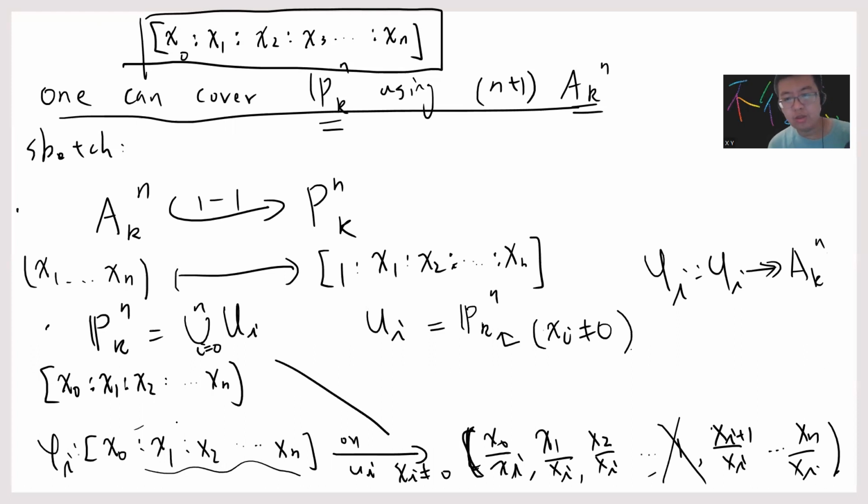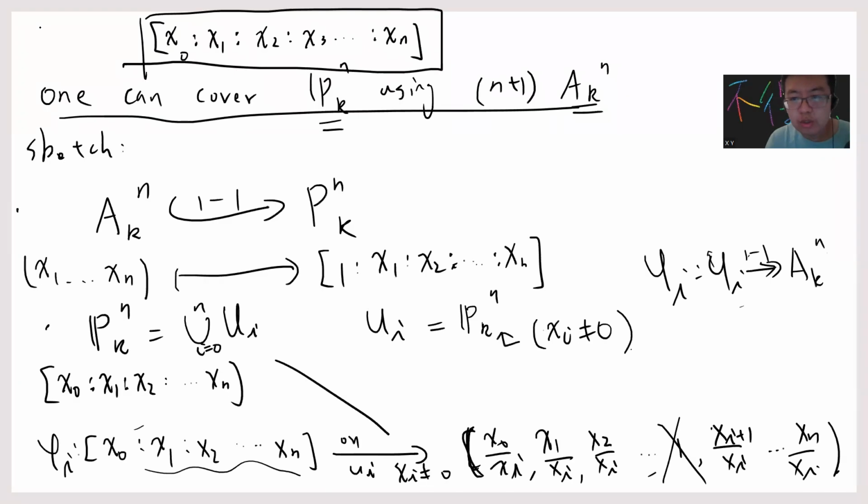So this is onto, and you can show this is also 1 to 1. So each Ui is homeomorphic, as a topology, to the affine space. And for each coordinate you have such a chart, and you can also show that in their intersections there are no contradictions. Yes, I think this is all I want to say about these projective varieties.